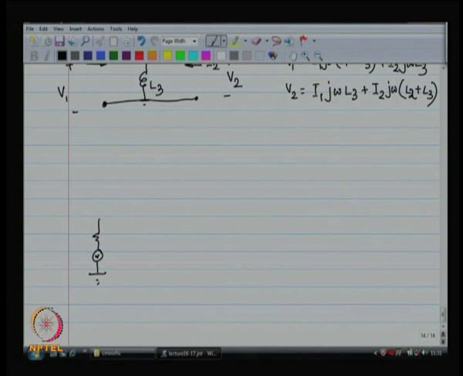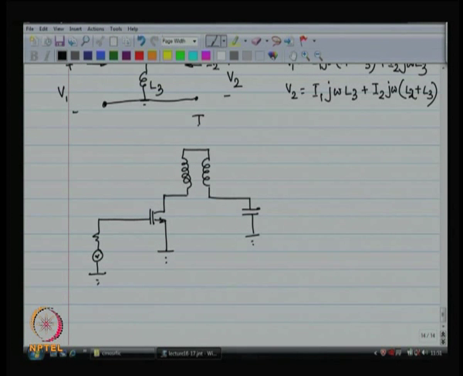So, this is called the T coil. Something like this. This is called the T coil.